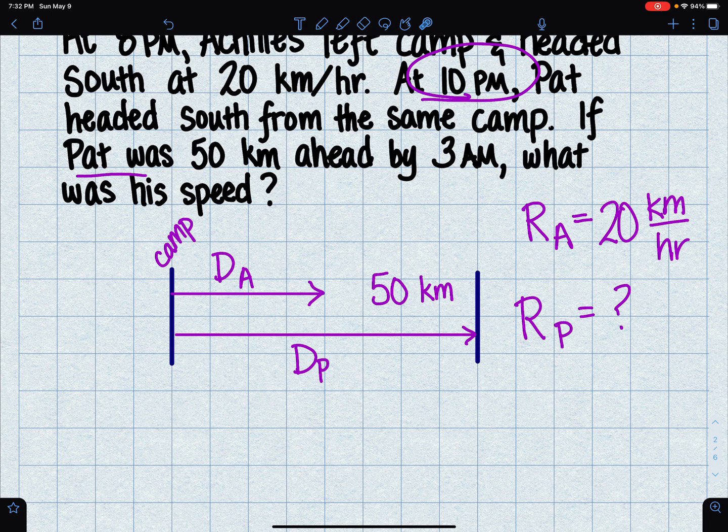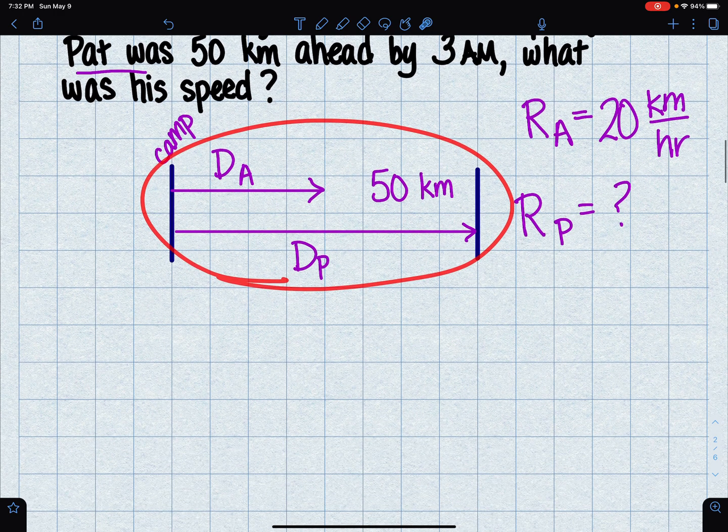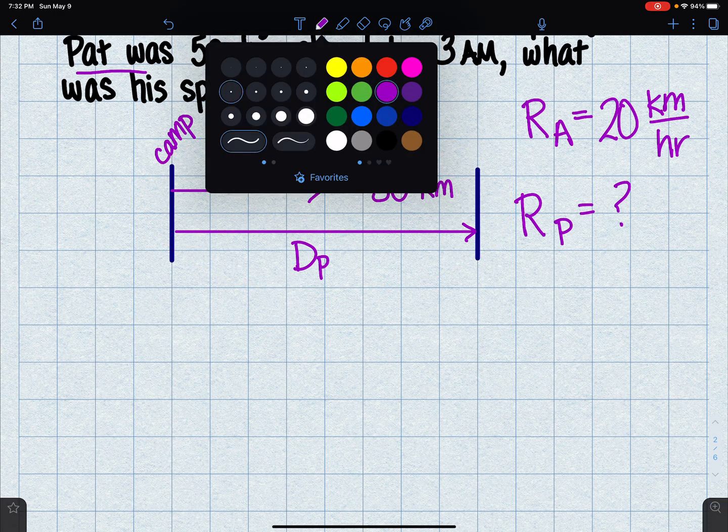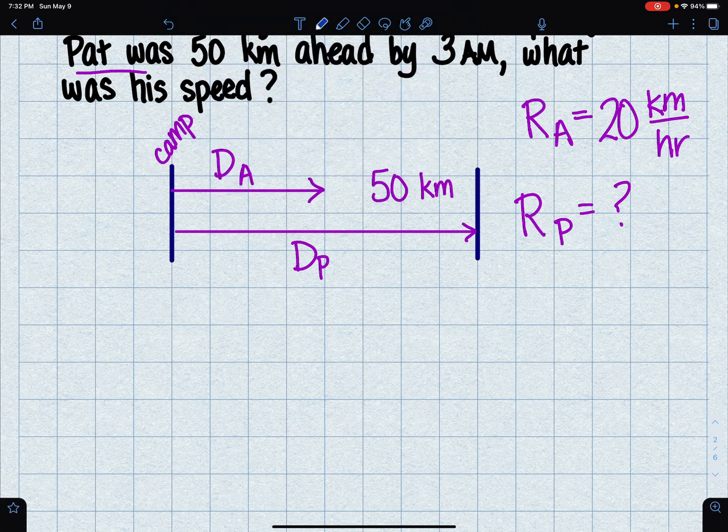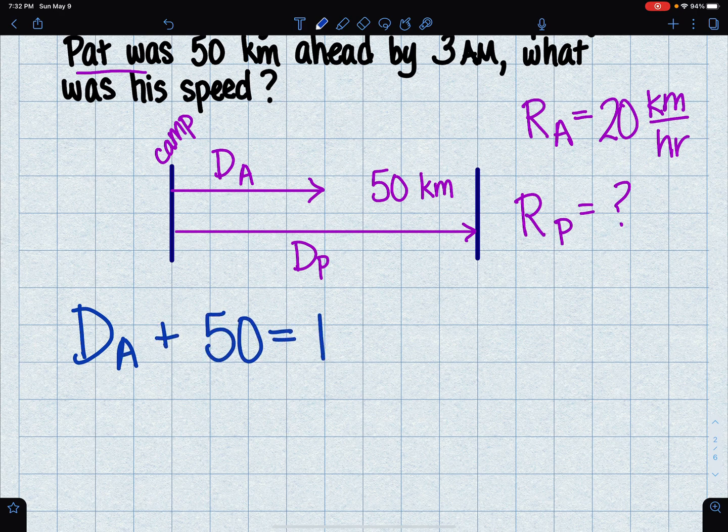Okay, so Pat went 50 kilometers farther. So how do we write this distance equation? Let's start with the easy distance equation, okay? We're going to do distance of Achilles plus 50 equals the distance of Pat.